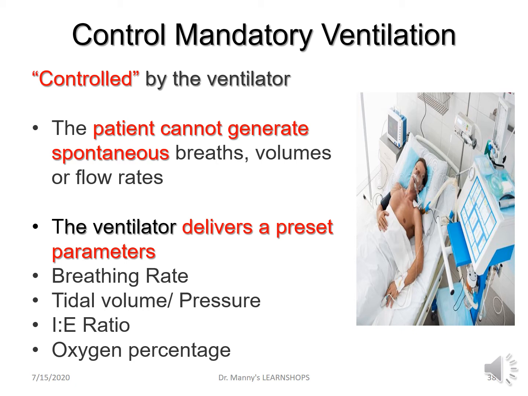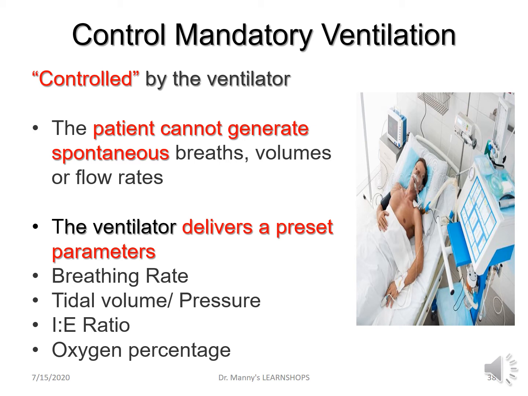The patient cannot generate spontaneous breaths, volumes or flow rates. If they do, they'll end up fighting with the ventilator. So therefore the ventilator delivers a preset parameter range, such as breathing rate, tidal volume or pressure, inspiration-expiration ratio, and the oxygen percentage. The ventilator is in control.